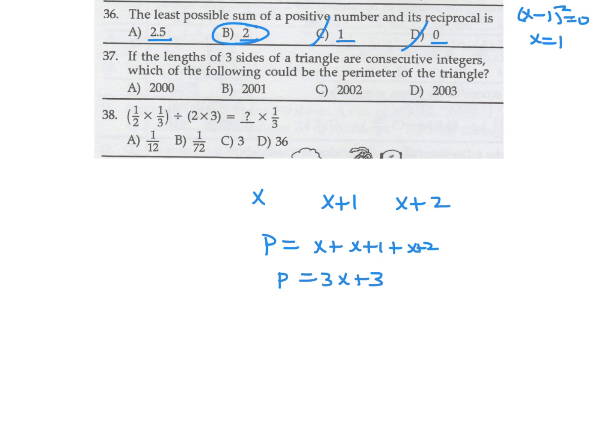If you factor out 3, you get 3 times x plus 1, so the perimeter is a multiple of 3. Which one of these numbers is a multiple of 3? I think the only one is 2001, because 2001 is 3 times 667. So 2001 is the answer.